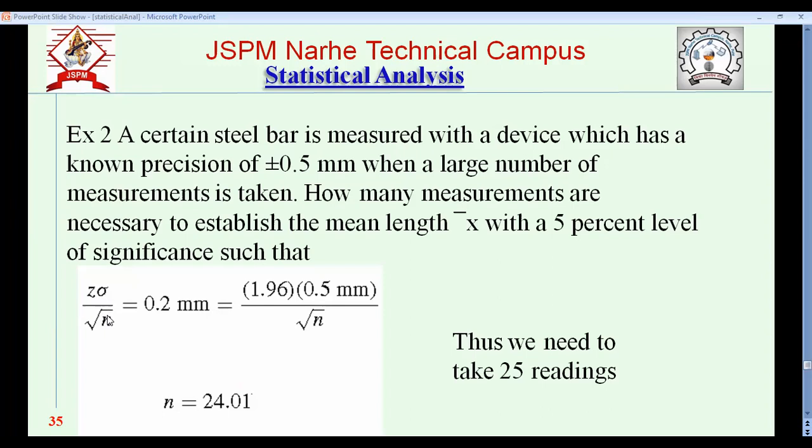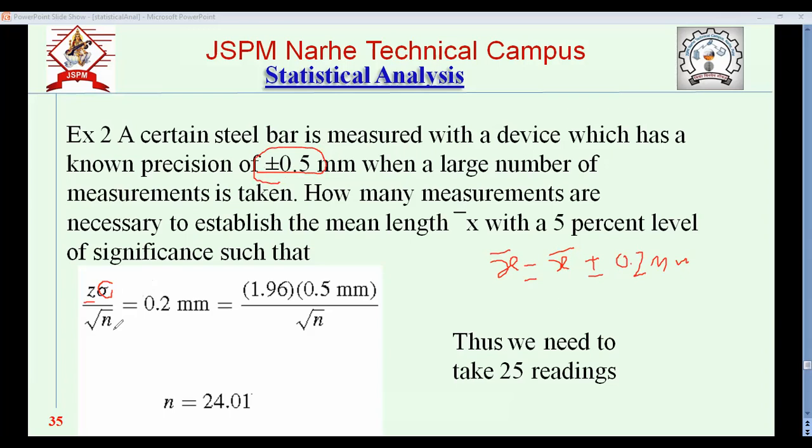It is asked how many readings are needed to bound the variation in the mean reading to 0.2 mm. So the formula is Z times the standard deviation. Standard deviation for what? Population. So the population standard deviation is 0.5, divided by square root of n.